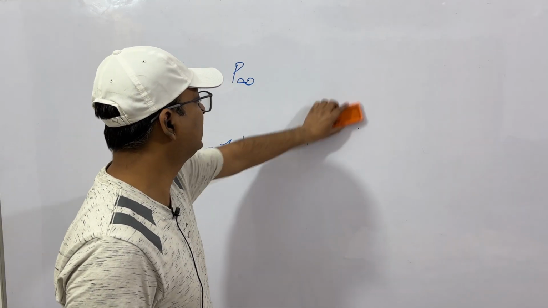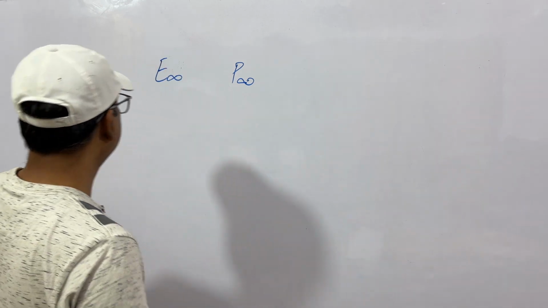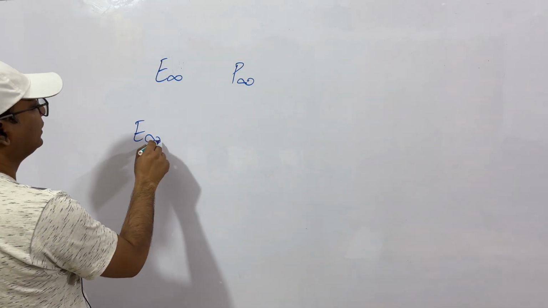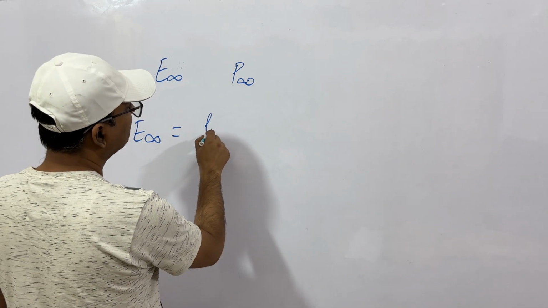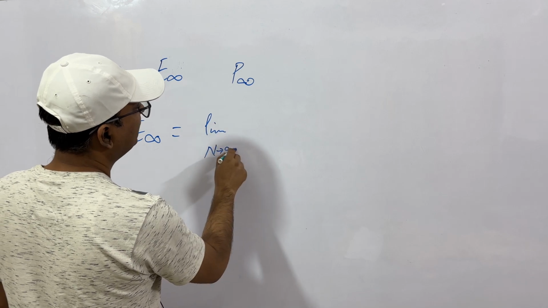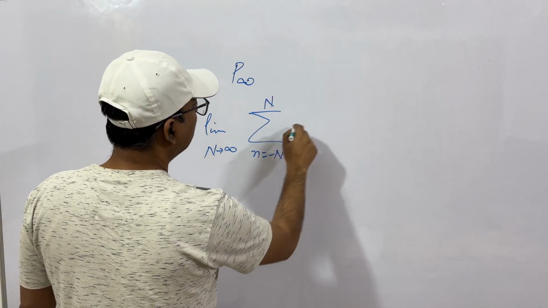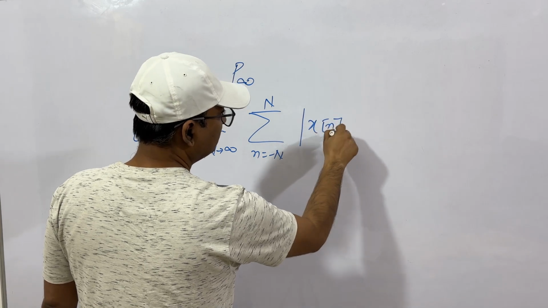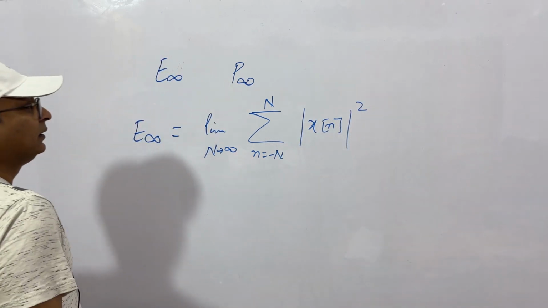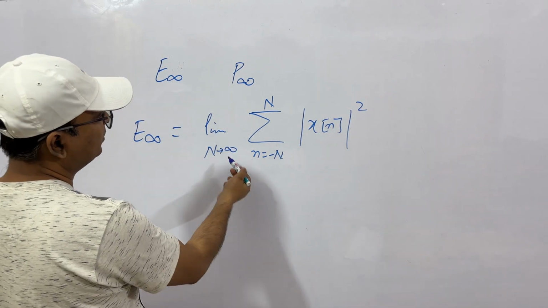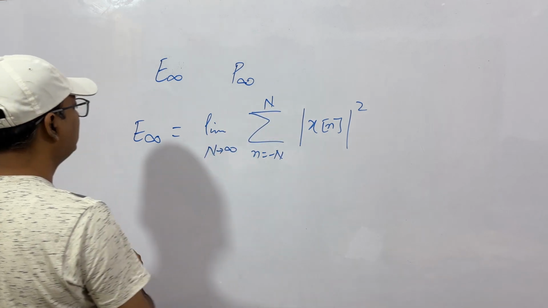For discrete time signals, if the signal is x[n], how do we take E infinity? It is the limit as n tends to infinity of the summation from n equal to minus N to N of |x[n]| square, or simply the summation from minus infinity to plus infinity.